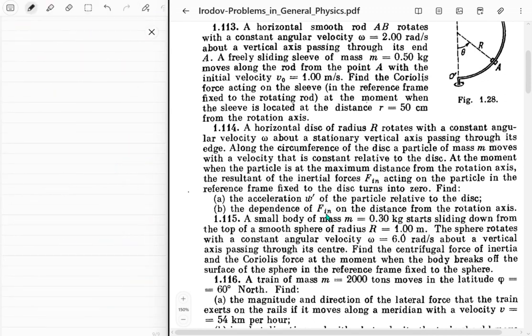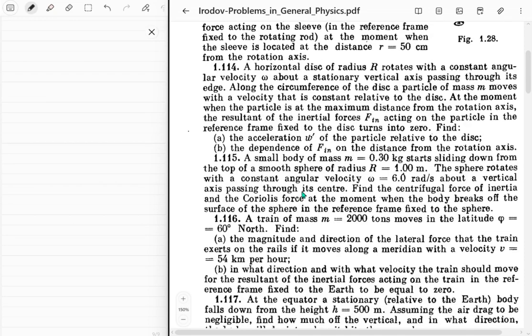And there was once again another question that used inertial forces. Where is it? Right, so 116. A train of mass something moves in the latitude this. Find the magnitude and direction of the lateral force, and in what direction, with what velocity the train should move for the resultant of the inertial force acting on the train in the reference frame fixed to Earth to be equal to 0.